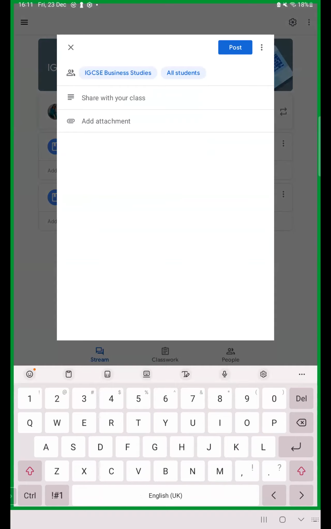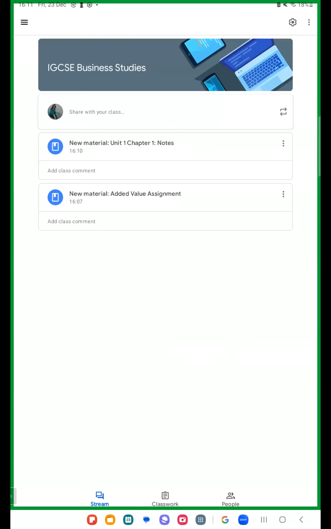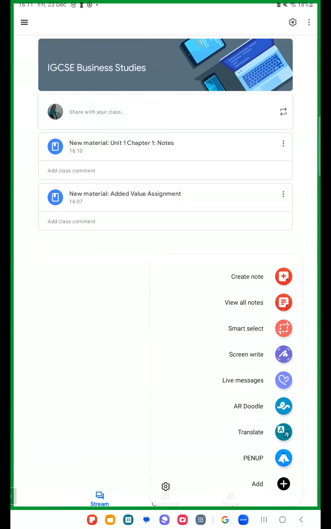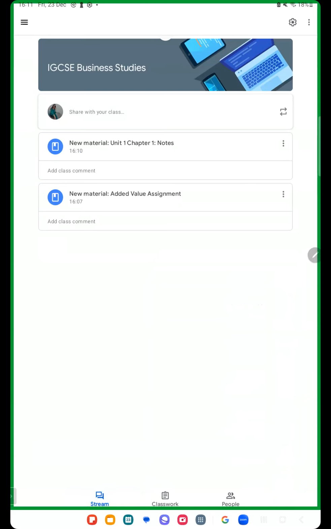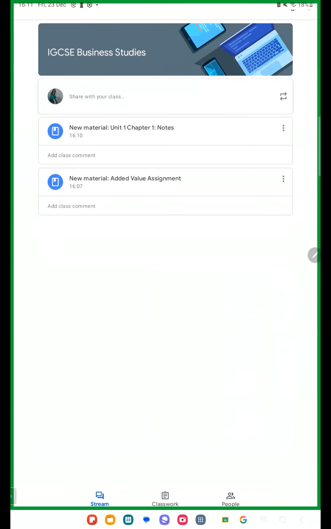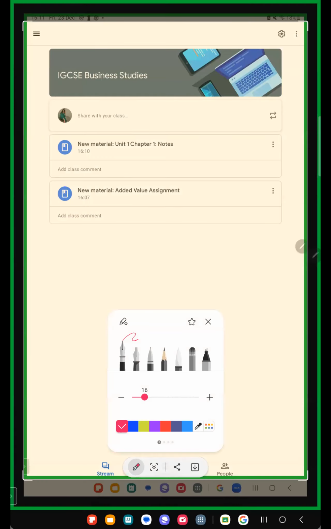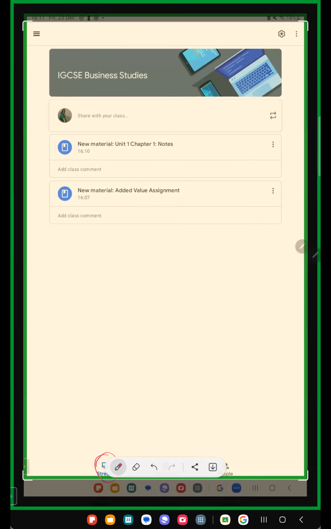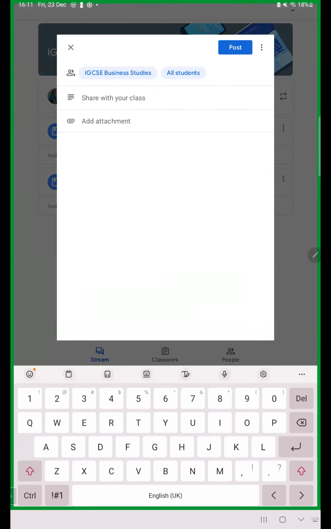So this is your stream. This part at the bottom, just annotated for you as well. This part, this is your stream.